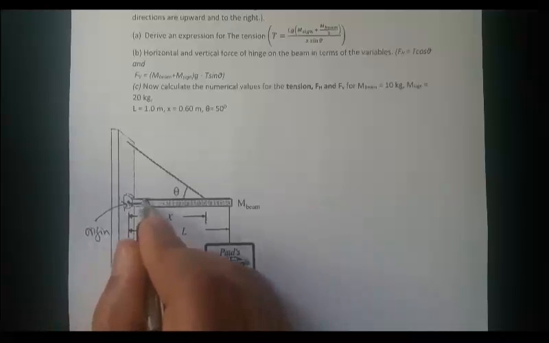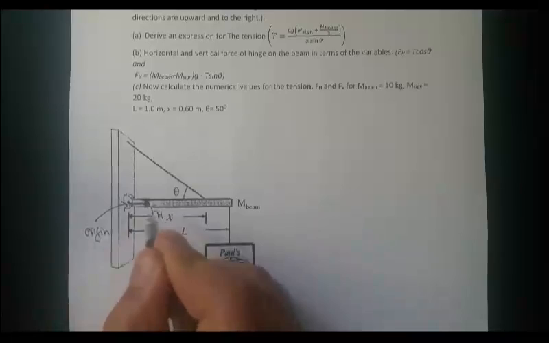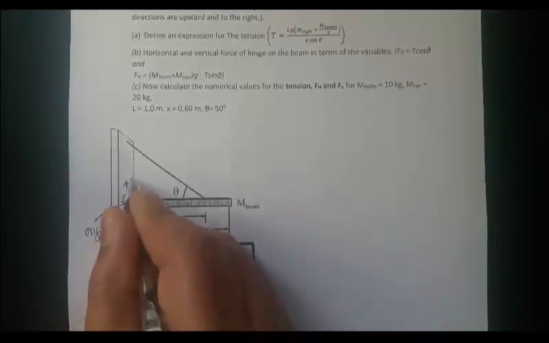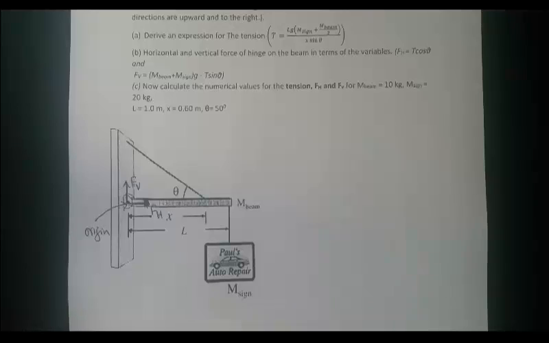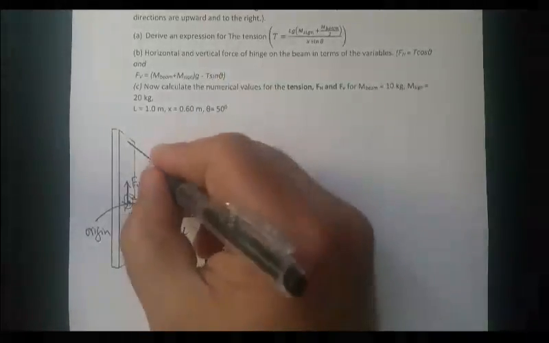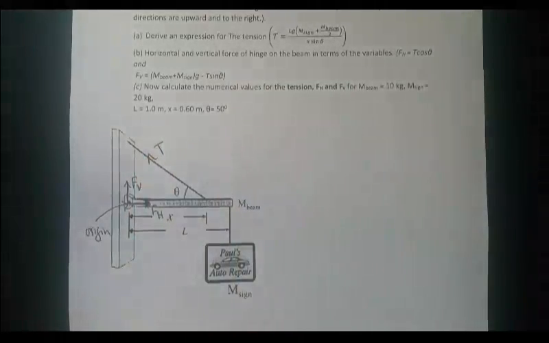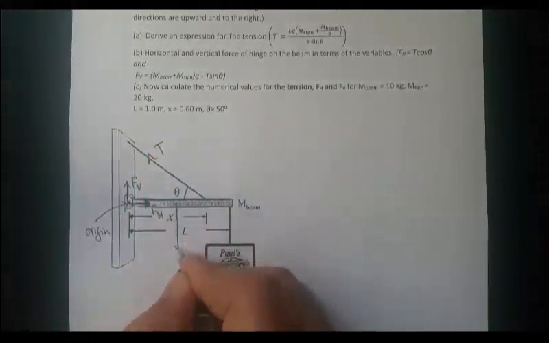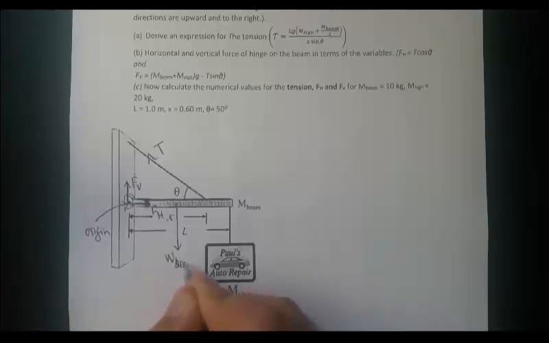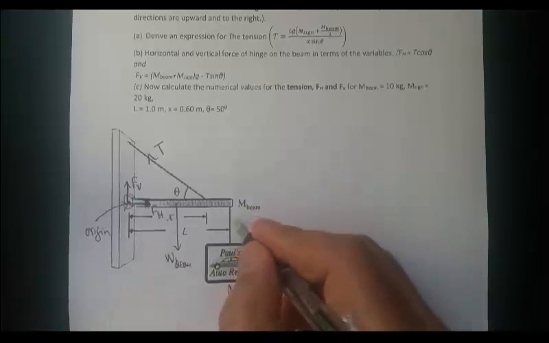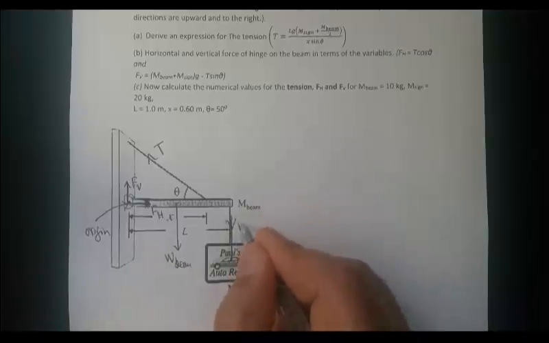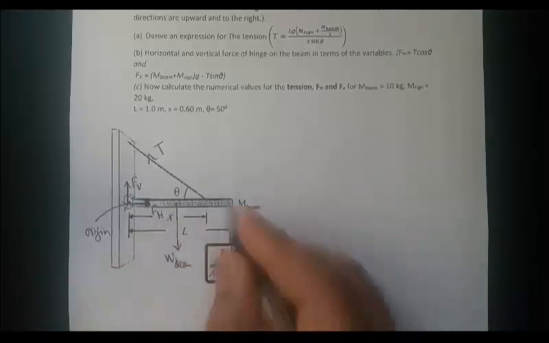You don't know that. So we call them F horizontal and F vertical, which we will find in the second part. And you have tension in the cable, and at the center of mass is the weight of the beam, and here you have the weight of the sign. So these are the forces acting.